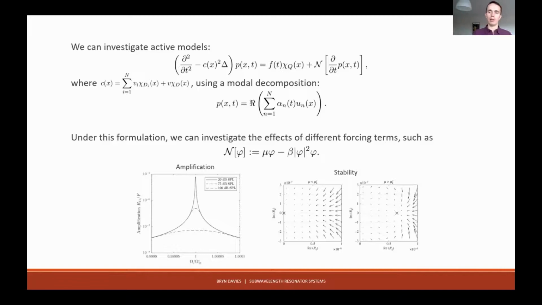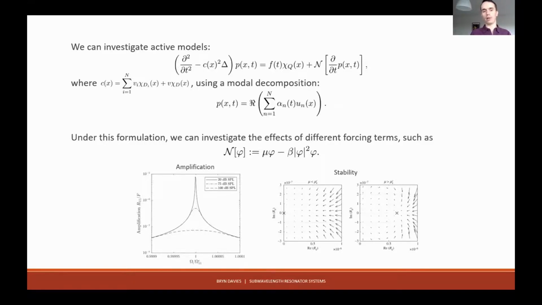Now, these results are nice and a useful starting point. However, probably the biggest open question in auditory science concerns the precise details of the amplification mechanism that's used in the cochlea. So the cochlea is not just a passive sensing array, but has active elements which we can mimic by adding forcing terms to the differential problem.